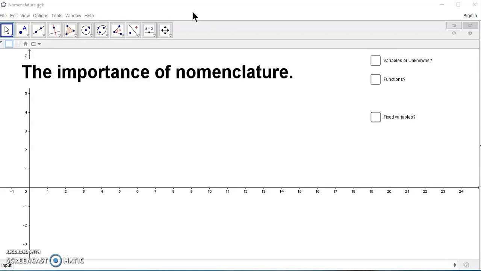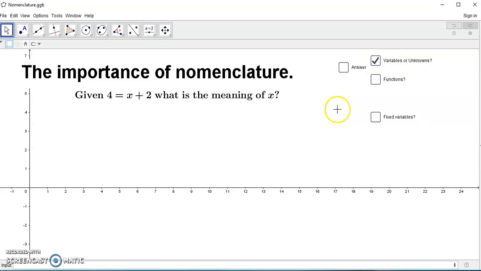So nomenclature has to be thought out very carefully in order to give objects, especially in mathematics or any other science or discipline, the right names. So let's look at the first flawed example in mathematics, which is the meaning of x in an expression like this. So what does x mean here?